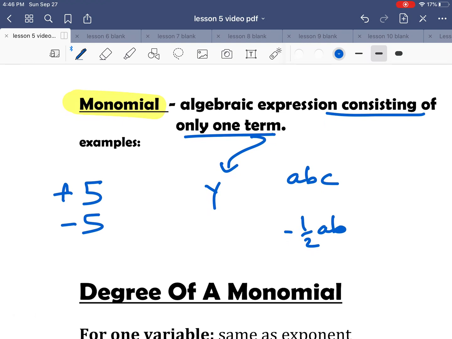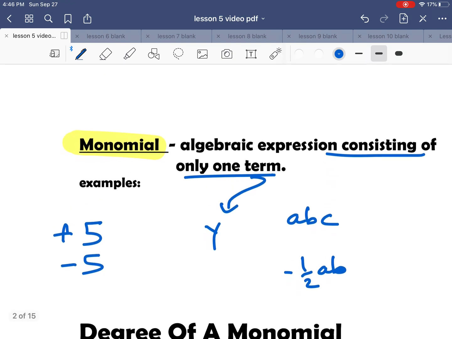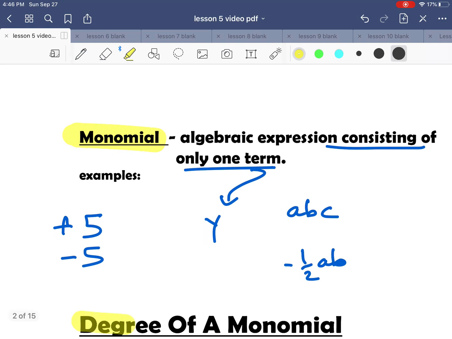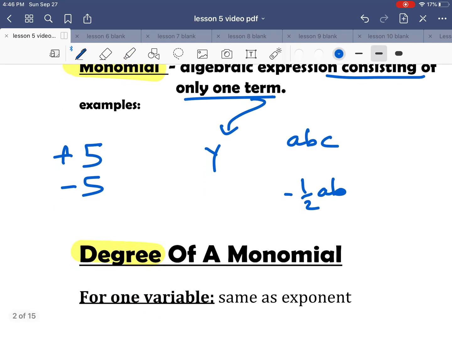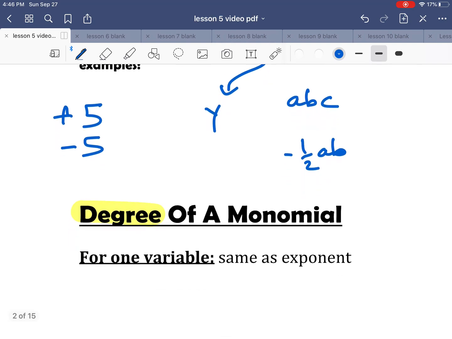So let's pick on the degree of a monomial. So a monomial is just one term. The degree is super easy. The only thing you have to really do here is add if you need to. So for one variable, same as the exponent. So if I'm asking you, in the question, what degree is this monomial?